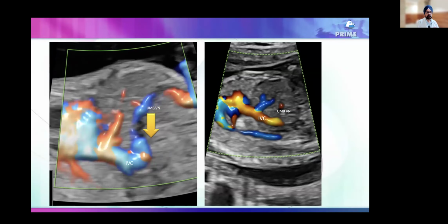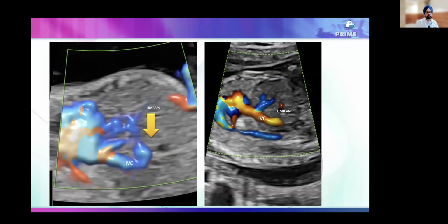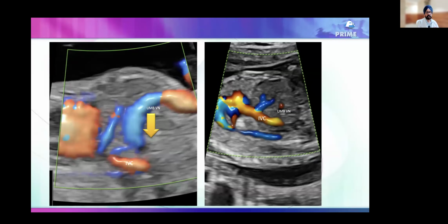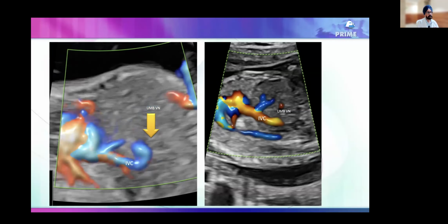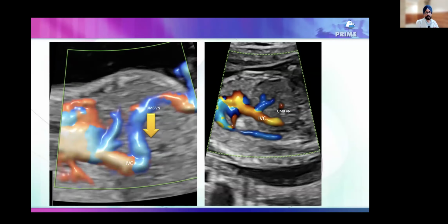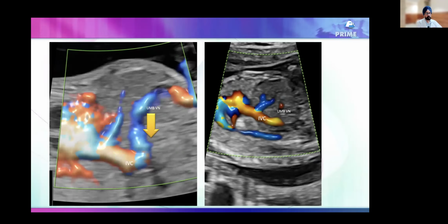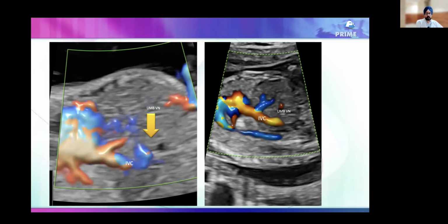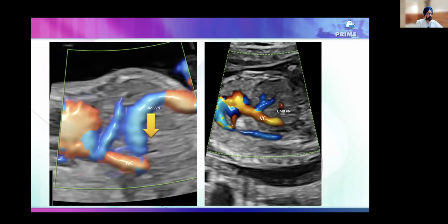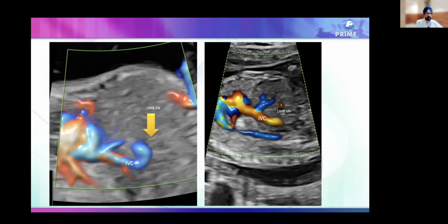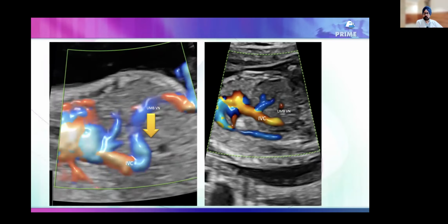Okay. And umbilical venous blood, most of it anyway goes to the DV, but quite a sizable amount. But we've not seen any patient of hypoplasia of liver. Have you ever heard of hypoplasia of liver?